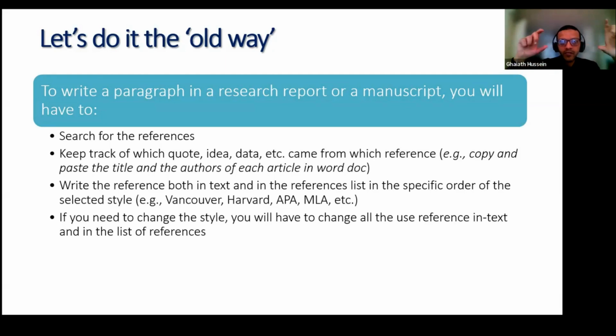So you need to make sure that this code belongs to this reference, or this statistic is coming from this report, and so on, so that when you add them as references, you know which reference should go where.